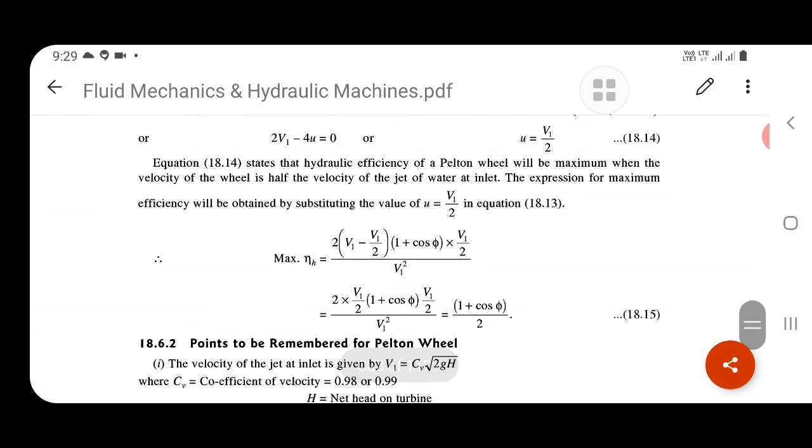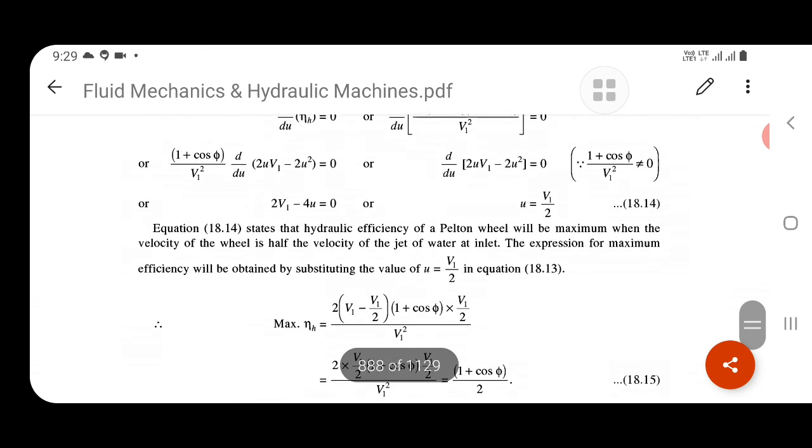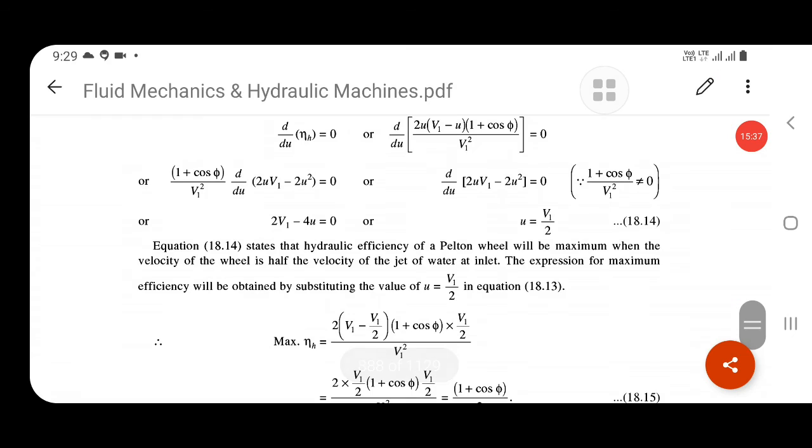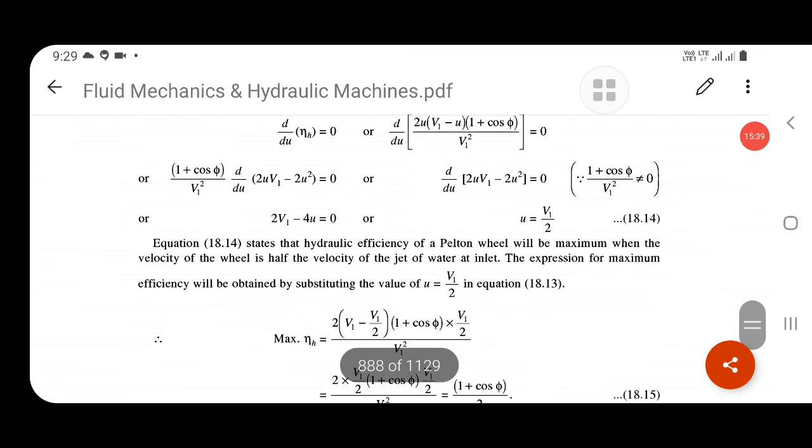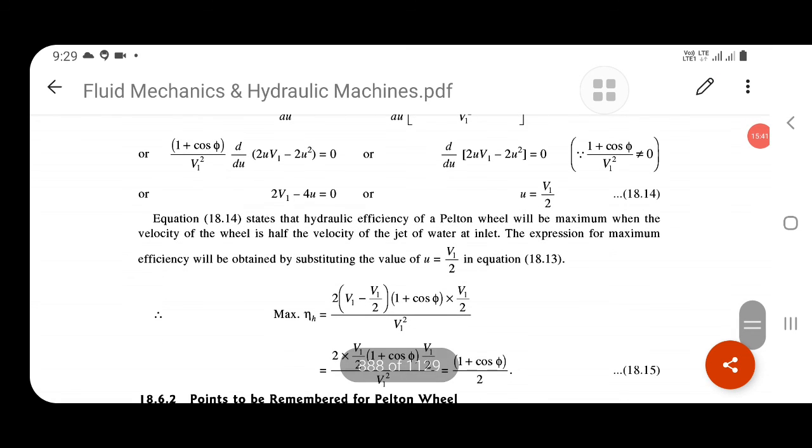Put in 2 into (V1 minus V1 by 2) into (1 plus cos phi) into V1 by 2, upon V1 square. So in this way we get (1 plus cos phi) upon 2. So write down, this is the formula for maximum efficiency.